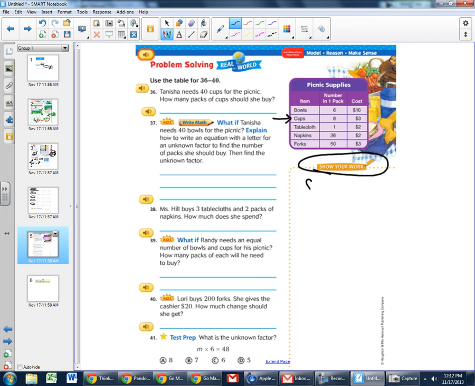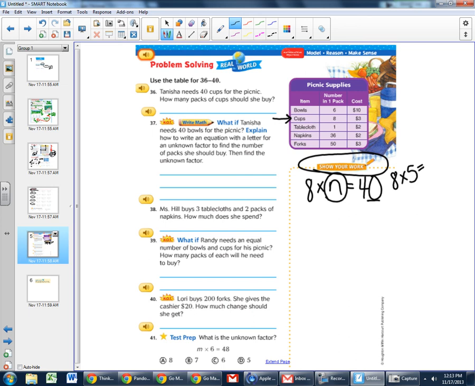So we have 8 times, let's just use n, equals how many she totally needs for our equation. She needs 40. So we have to find out the unknown number here, which I just made as n. 8 times what equals 40? We already know it ends in a 0, so we could possibly use it as a factor of 5. 8 times 5, let's just test it.